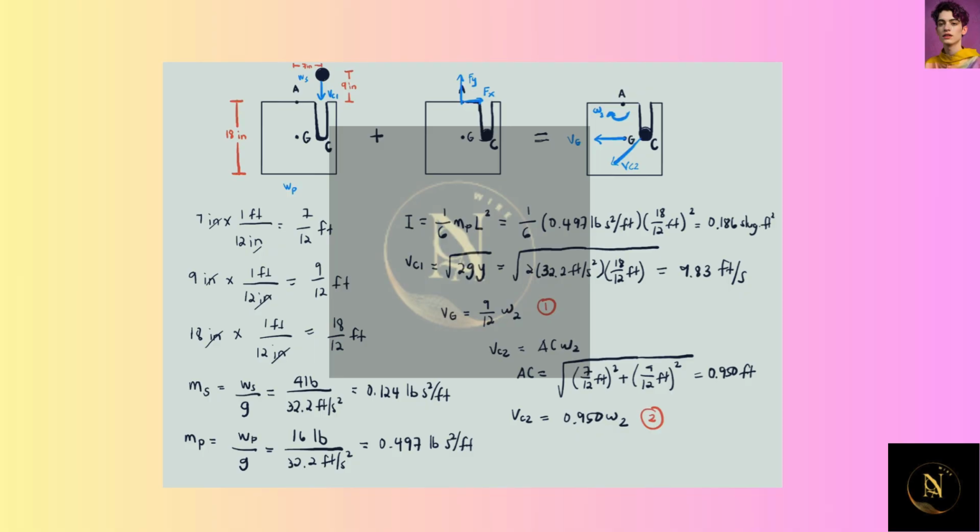Now we'll write the equation for the moments about point A. That's our chosen rotation point or axis, taking the clockwise direction as positive.